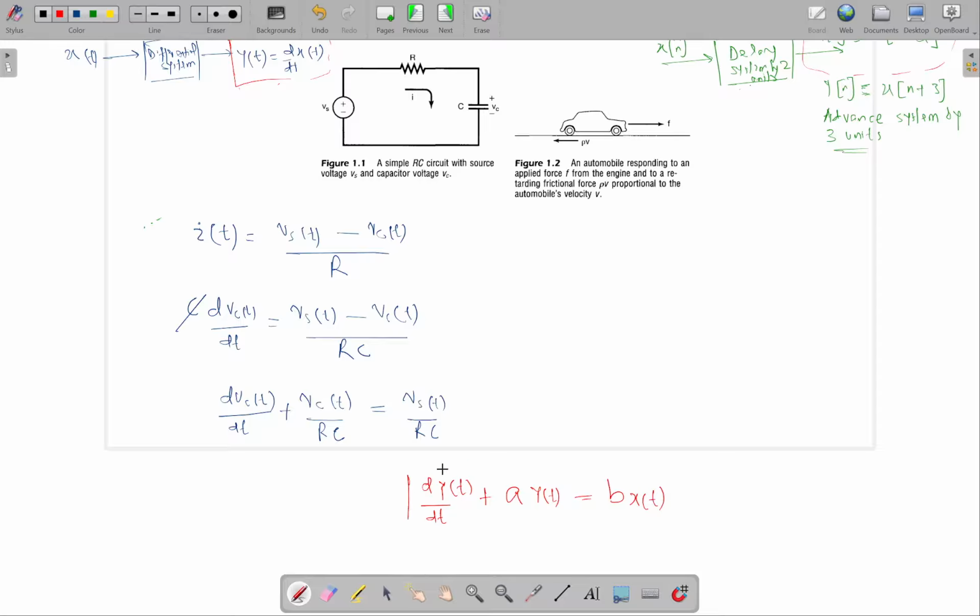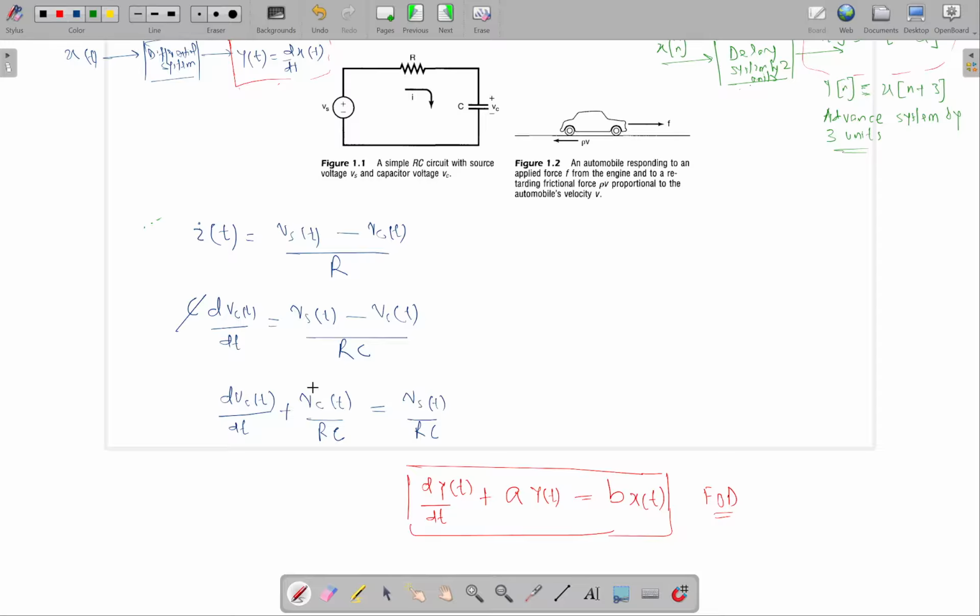Okay, so this particular expression which I have written over here is a first order linear differential equation. So x of t is the input, b is some constant, y of t is the output. So this is the generic mathematical expression of the first order differential equation. And now if you look closely over here, y of t is basically the output, so voltage across the capacitor is basically the output.